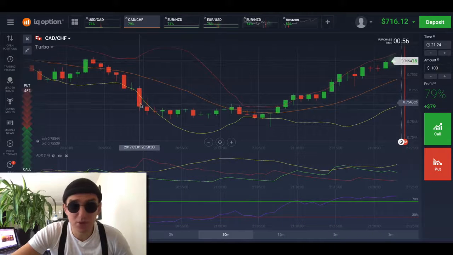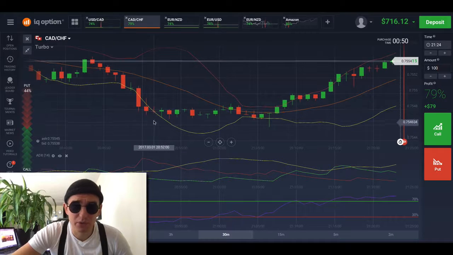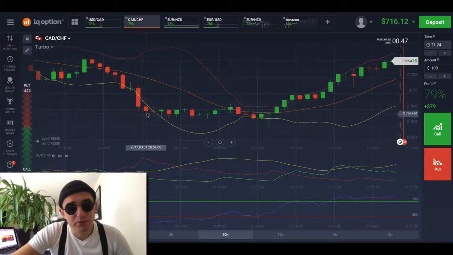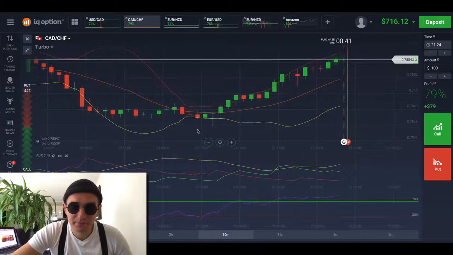So if I lose this one, I would just double my stake and make another stake, and if I make it at this point, I would win. But even in case we lose two of them and even the third one, we would still win.